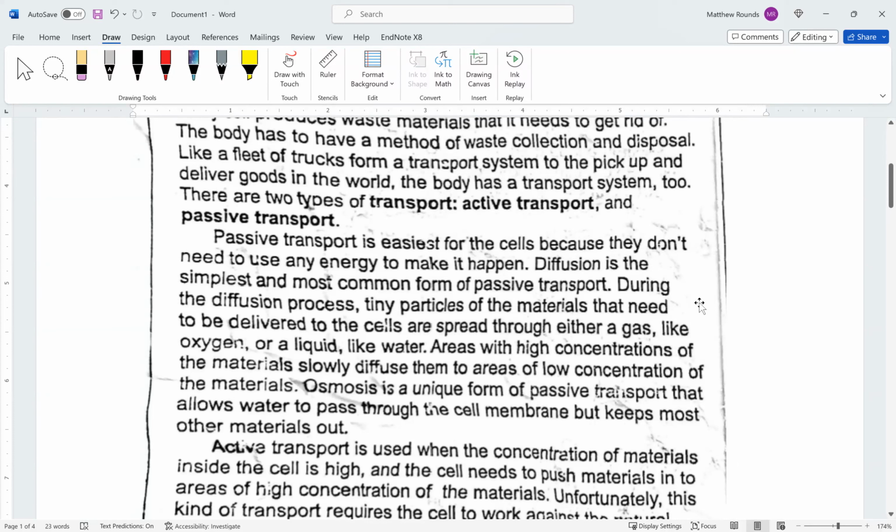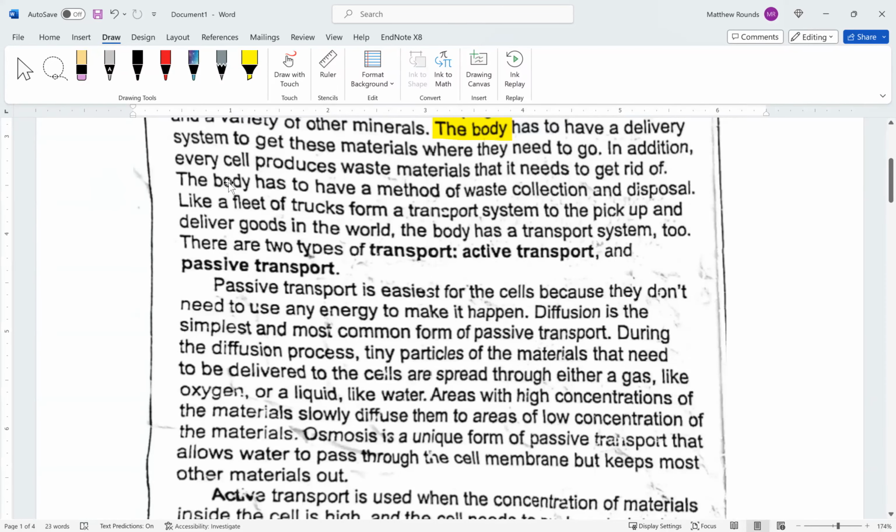Good. So what are they saying there? What's the example that they're giving? What have I highlighted? Do you understand my question?